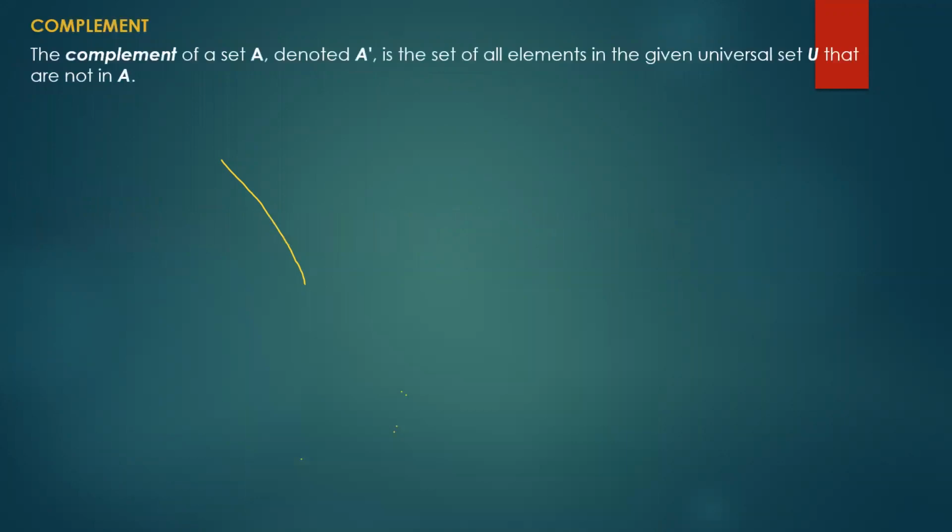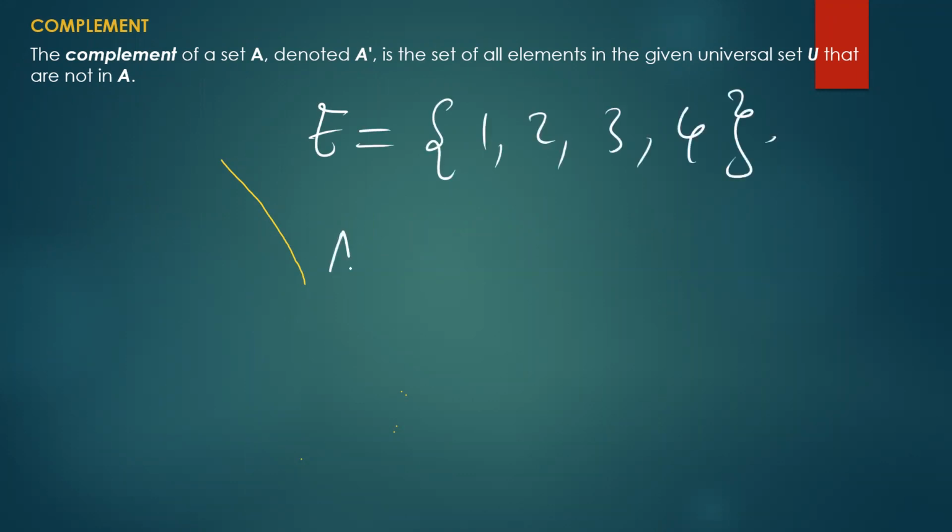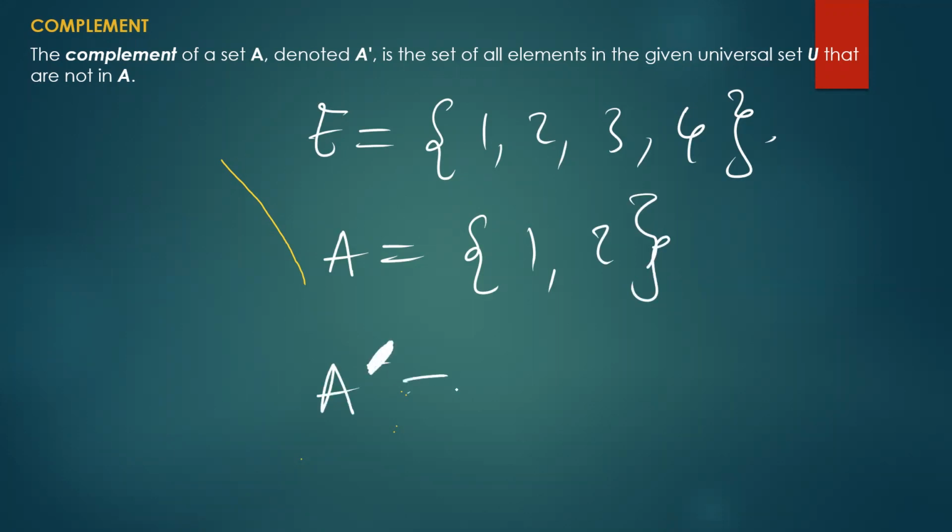Complement of a set. So when you talk about a complement of a set, let's say the universal set E being equal to 1, 2, 3, 4. And then you also have A, which is equal to 1, 2. So if they ask you to find a complement, it is simply just the list of elements that are in the universal set, but they are not in A. So a complement, we simply write the elements that are not here, but they are in the universal set.